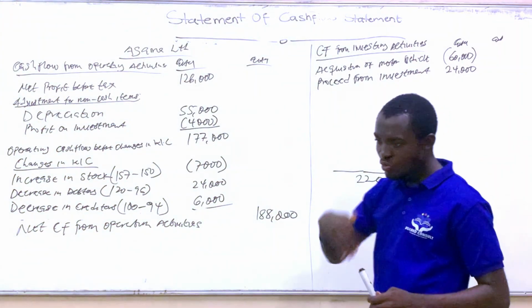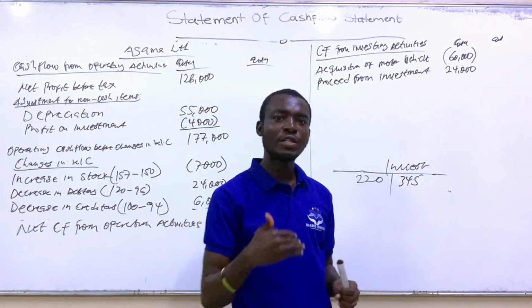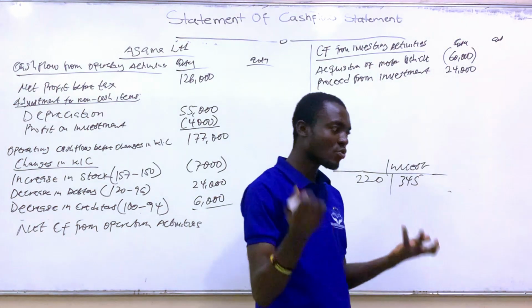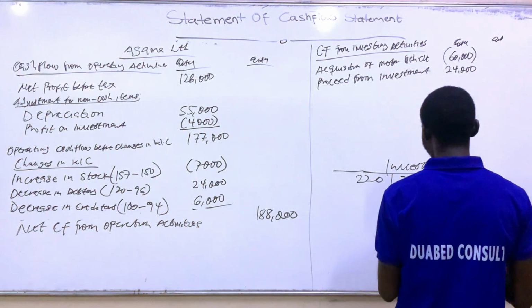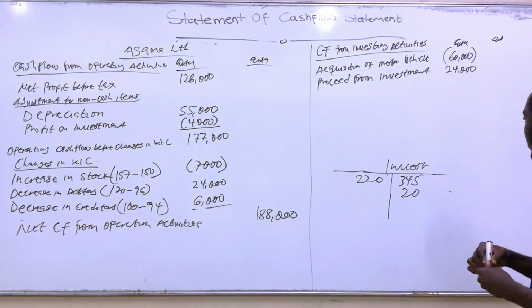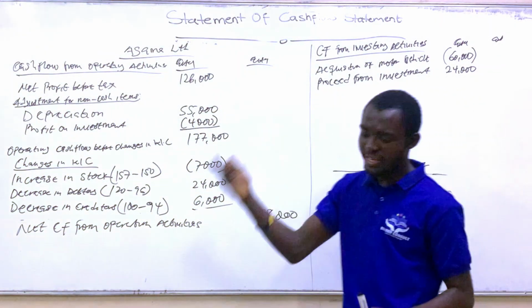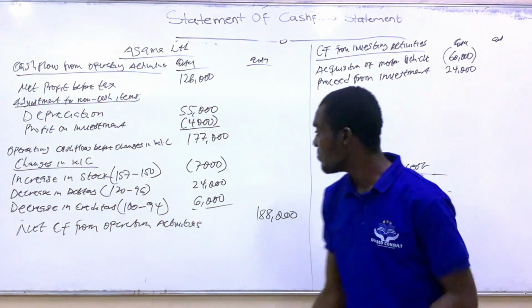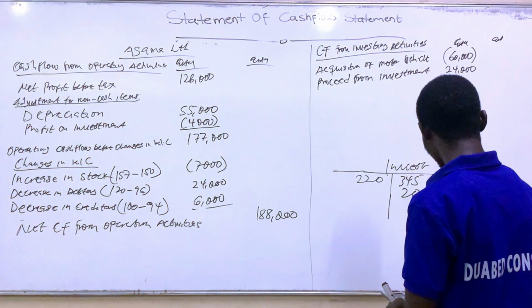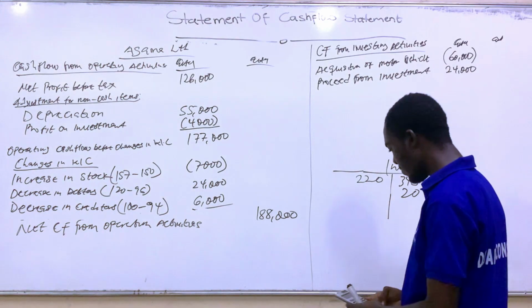And then investment costing 20,000 was sold. If you sold the investment, it reduces your investment, so it will be here. The difference between the debit side and the credit side would be the further investments that the organization made.